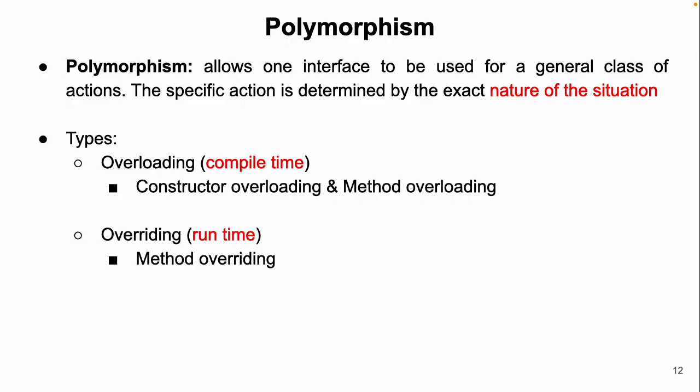It looks like the same, maybe acting in a different way, depending upon the situation. Generally we can define those things, but the actual definition is: it allows one interface to be used for a general class of actions. The specific action is determined by the exact nature of the situation.